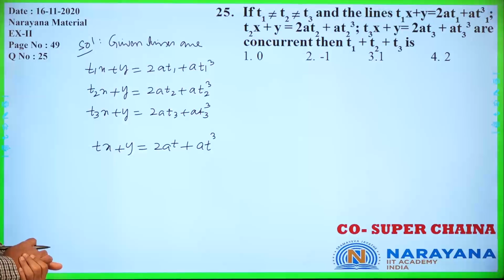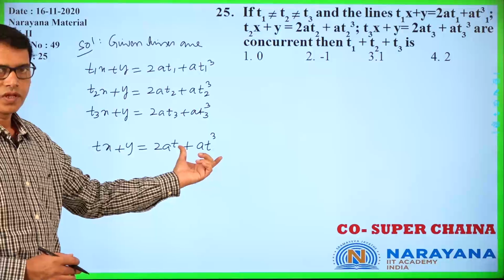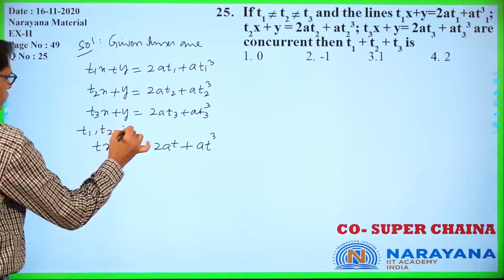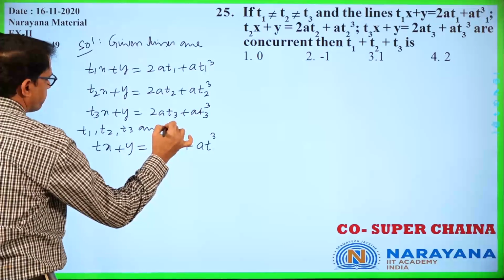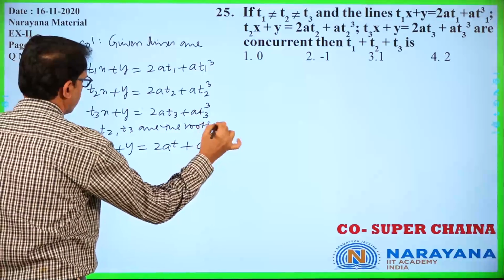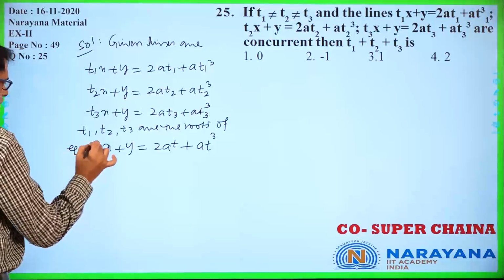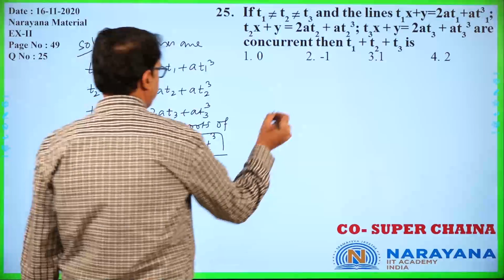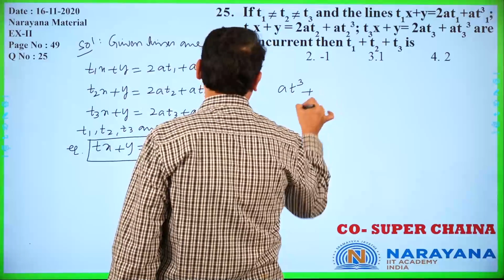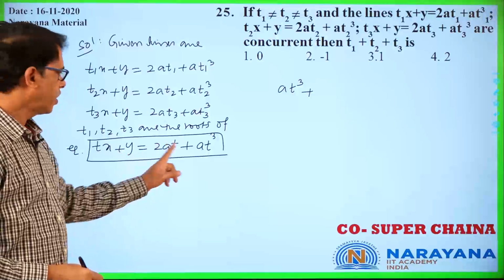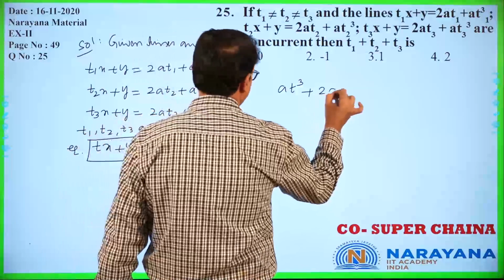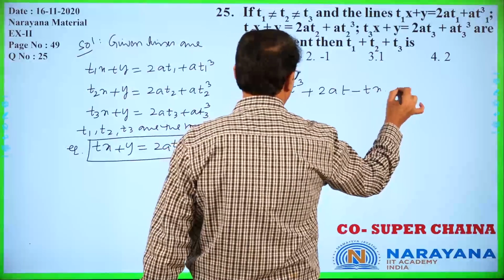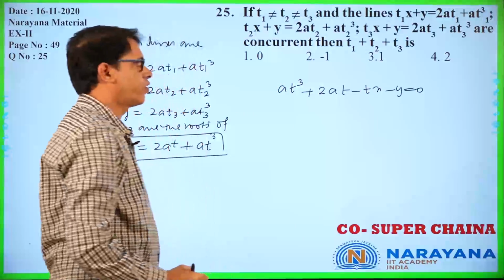So t1, t2, t3 are the roots of this cubic equation: at cube plus 2at minus tx minus y equal to 0.